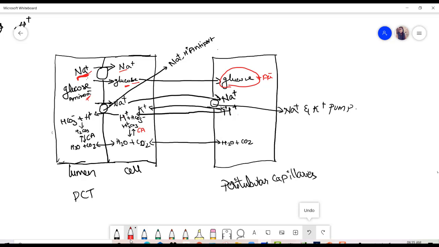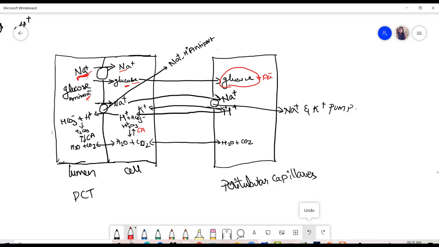The same hydrogen is equally distributed into the lumen and the cell. The remaining amount in the lumen will combine with the bicarbonate in the lumen also and give the same result. The same cycle is repeated.